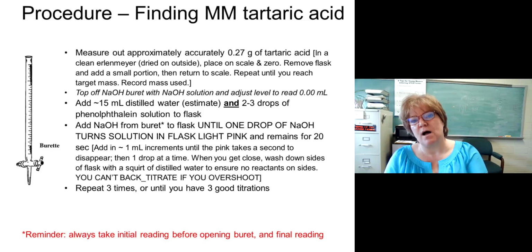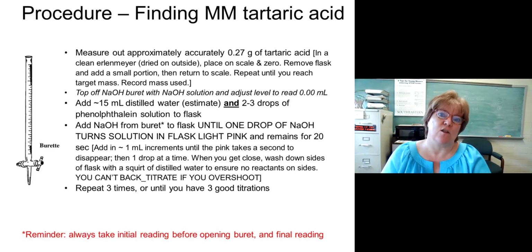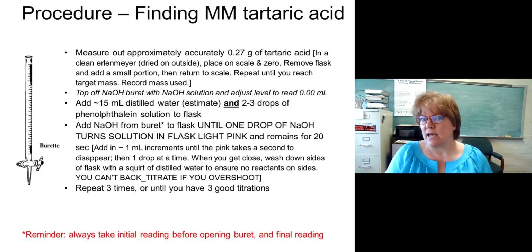And then we're going to swap and find the molar mass of tartaric acid. So we won't use the HCl at all. We'll use that NaOH that we just standardized along with our unknown, in this case tartaric acid, and we're going to weigh some out and do a titration with a solid, and from that we'll get the evidence that we need to determine what the molar mass of tartaric acid is.